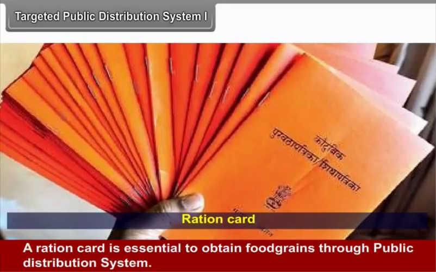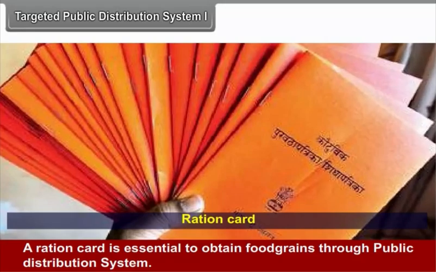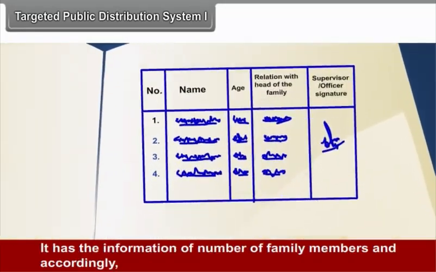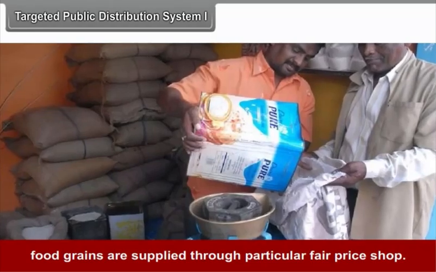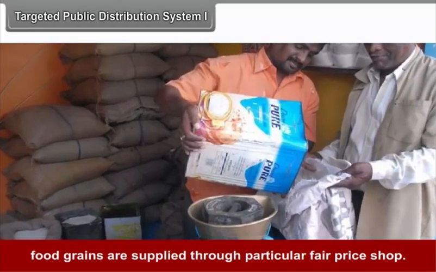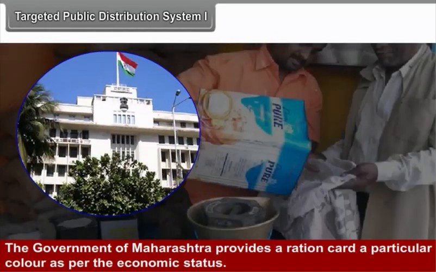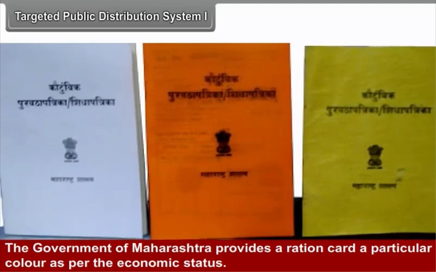A ration card is essential to obtain food grains through public distribution system. It has the information of number of family members, and accordingly food grains are supplied through particular fair price shop. The government of Maharashtra provides a ration card of a particular color as per the economic status.